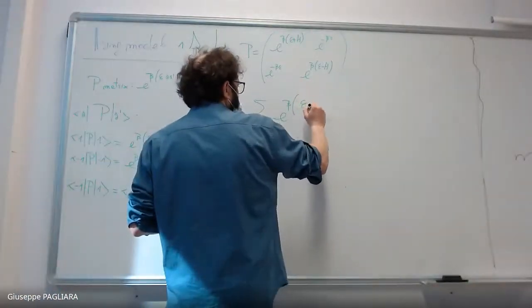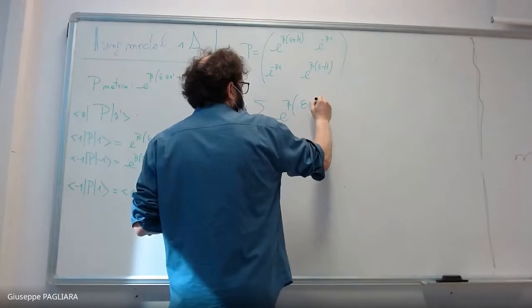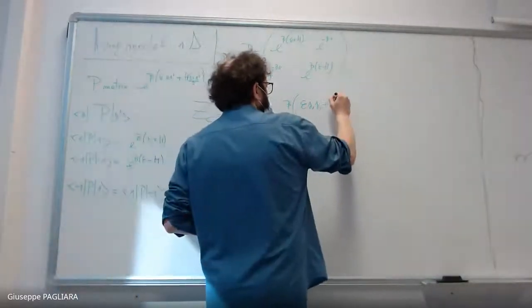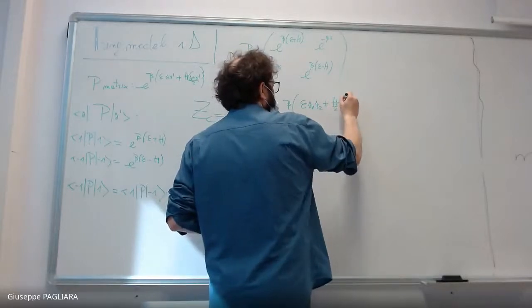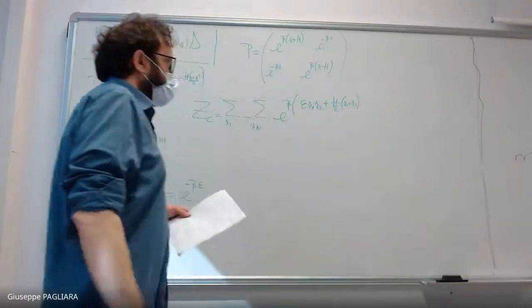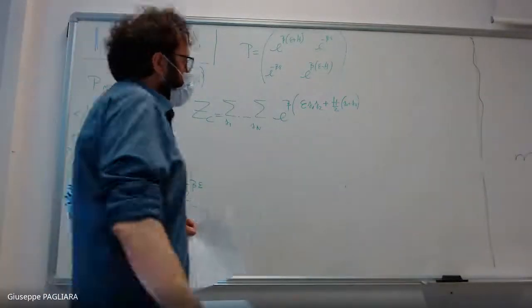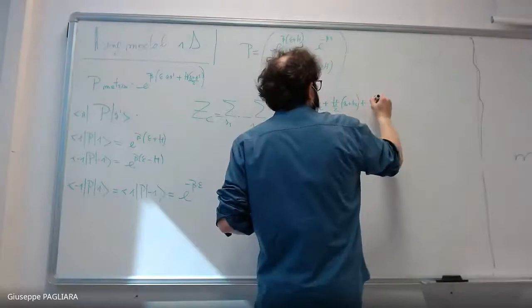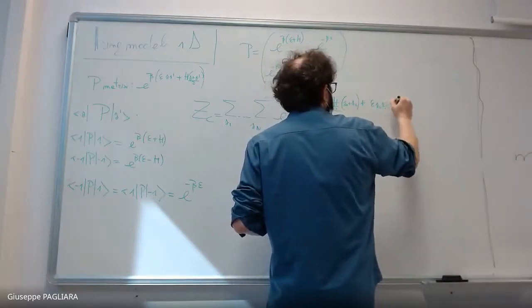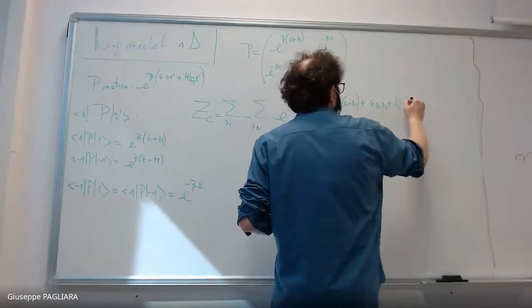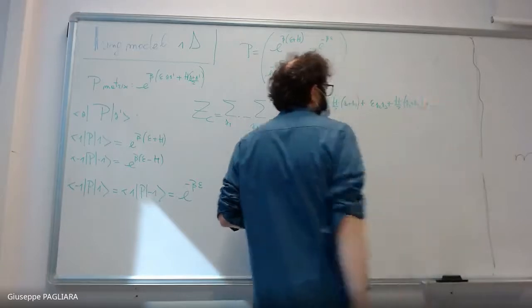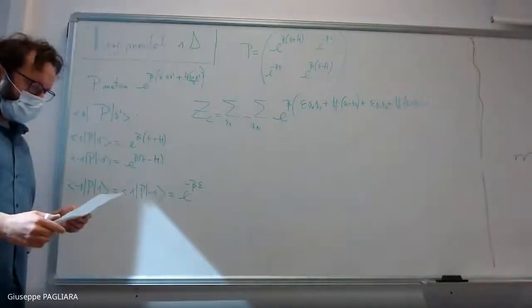Here you have ε S1 S2 plus H divided by 2 (S1 plus S2). Then I have plus ε S2 S3 plus H divided by 2 (S2 plus S3), and the other terms.